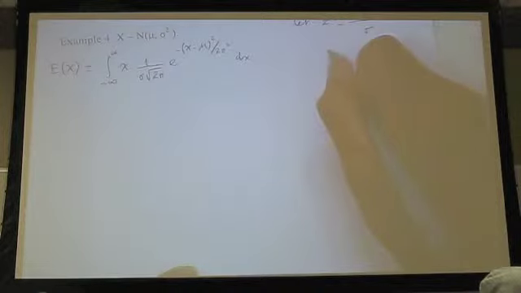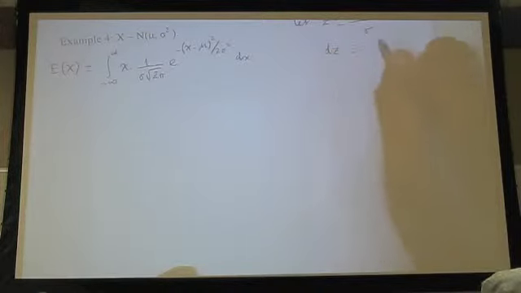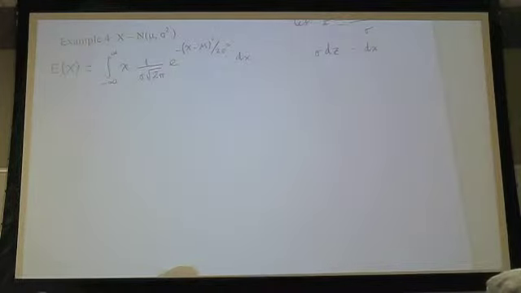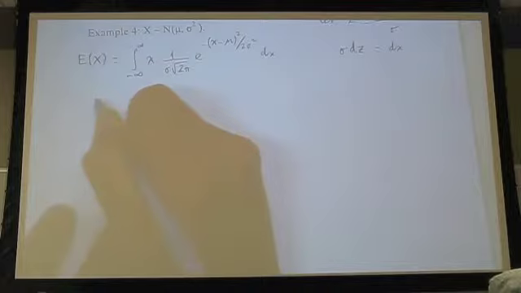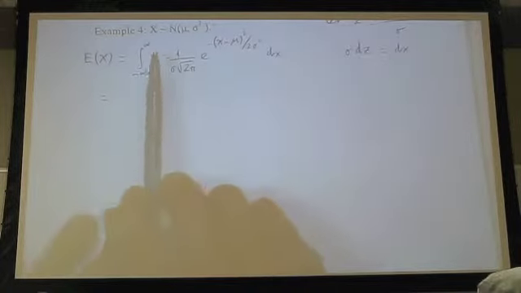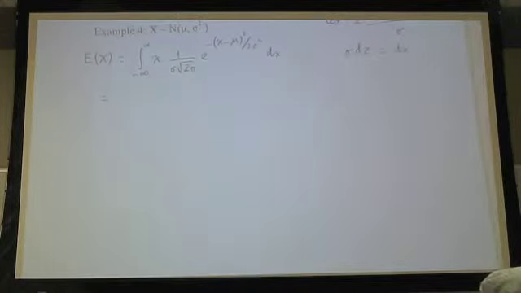Then whenever I see dx, I can replace it by sigma dz. Okay, good. Over here, is the limit for z still negative infinity to infinity? Yes, because mu and sigma are constants. Infinity minus some number is still infinity, right?